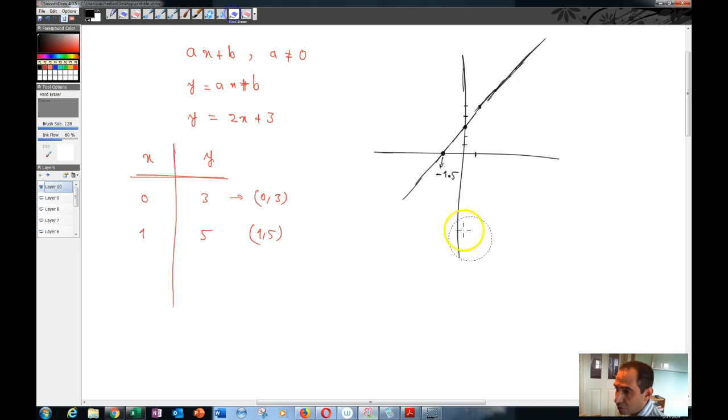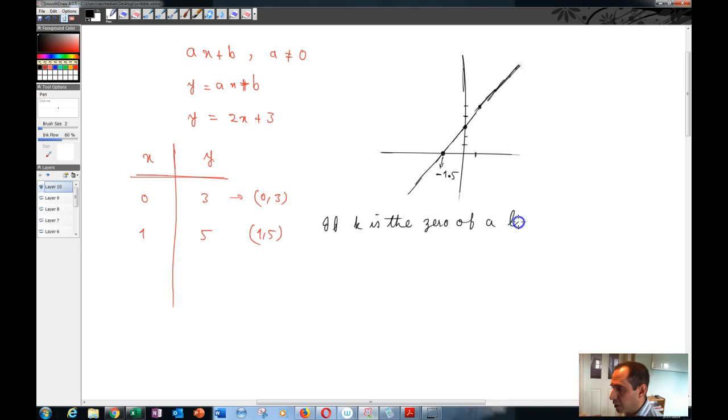Okay. And there are a few things that you can note over here. First of all, what you see over here is that the graph goes through the x-axis at only one point, and that point is actually the zero of the polynomial, meaning that we said that if k is the zero of a linear polynomial, then p of k, of a polynomial p of x for example, is going to be equal to 0.